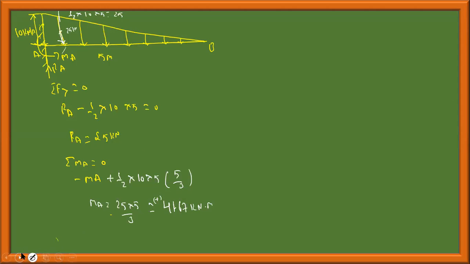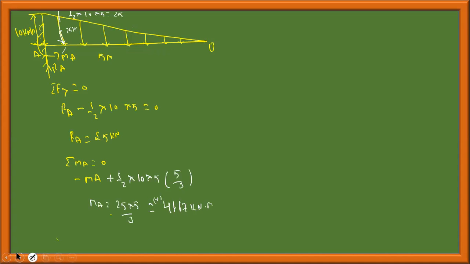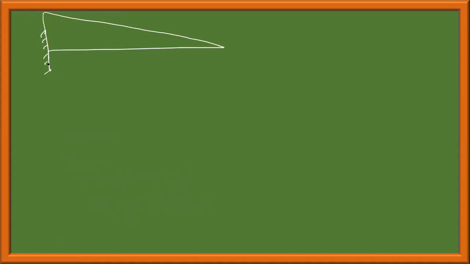Okay. Next, I can write the reactions: 25 kilonewton, and 25 counterclockwise, 41.67.